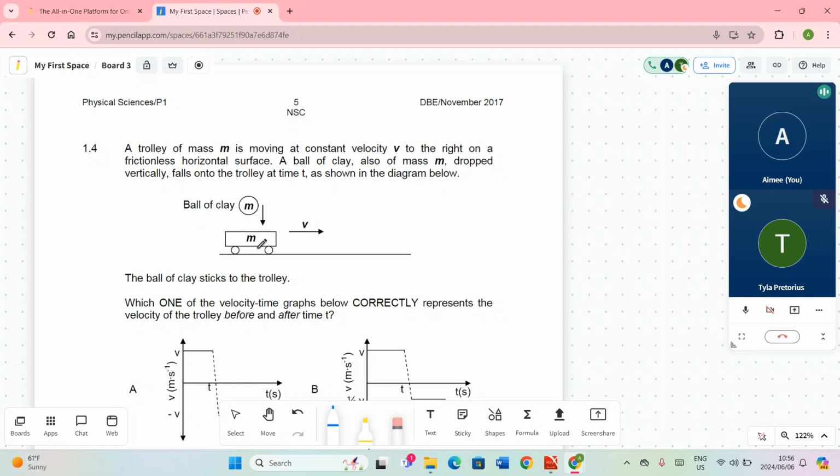Okay, the only way this trolley changes direction is if it is hit with a force going in the opposite direction, and this force has to have a larger magnitude if it's going to change direction. Okay, it's not coming from the opposite direction, so we know that this trolley is not changing direction. Its direction will stay the same way.